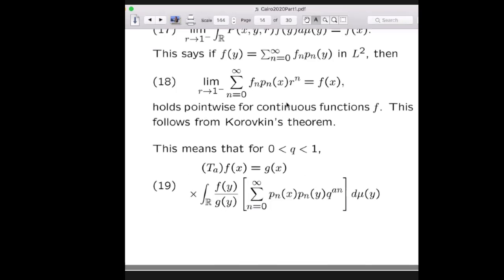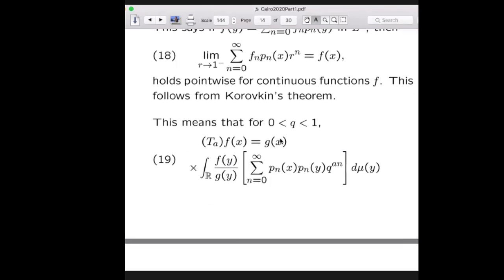Okay. So in the paper I'm talking about, what we did was we took the Poisson kernel, replaced r by q to a power, and integrated f against the measure, but we put in some extra factor. We divided by g of y multiplied by f of x.